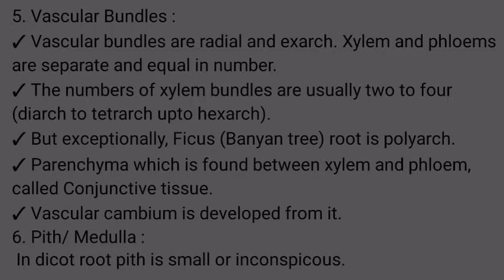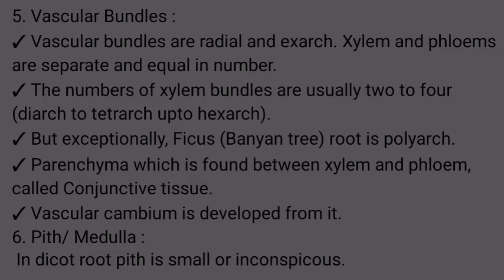Vascular bundles are radial and exarch, which means xylem and phloem are arranged on different radii and protoxylem is present towards periphery, metaxylem towards center. In dicotyledonous roots, the number of xylem bundles is 2 to 4, diarch to tetrarch, up to hexarch.